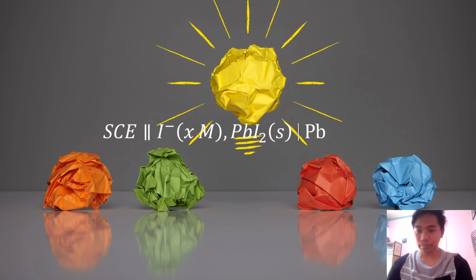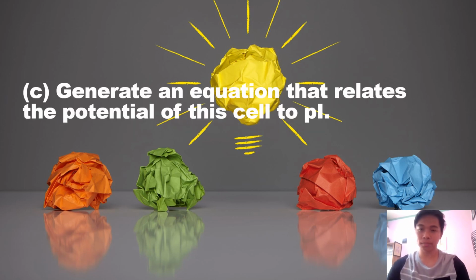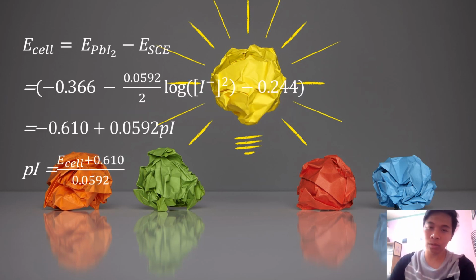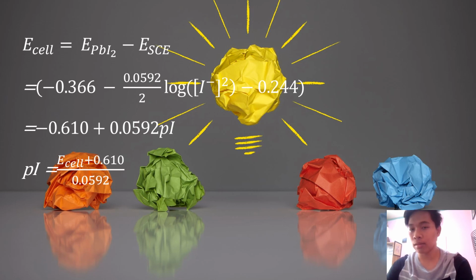Now, moving on to the third part of the problem. Generate an equation that relates the potential of this cell to pI. To do this, first, we have to know the relationship of the potential, which is E cell equals E right minus E left. In this instance, E right is lead iodide minus E SCE, which is the calomel.